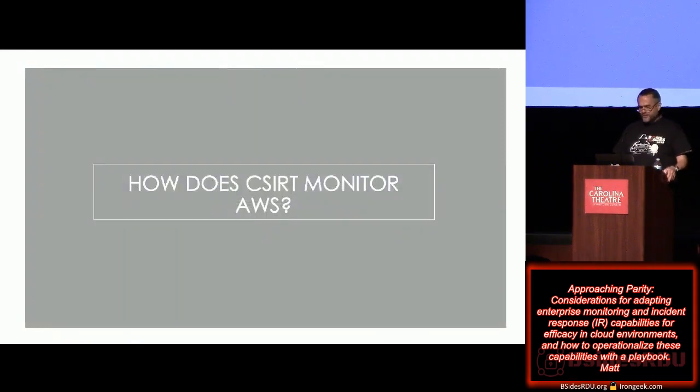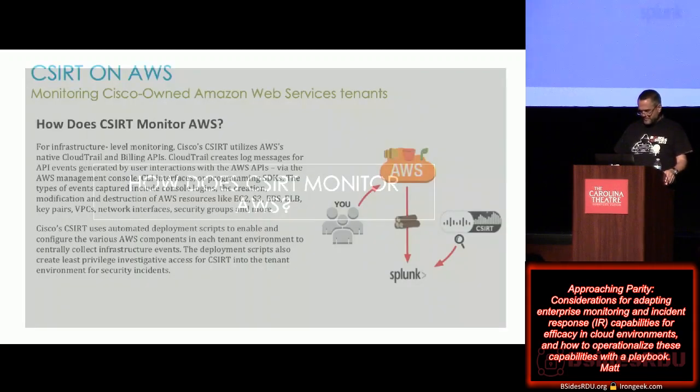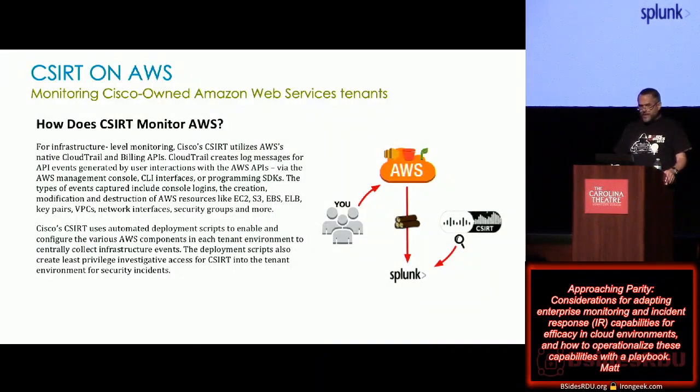So now let's switch gears, and I'll talk a little bit about how CSIRT monitors the AWS environment. This is a simplified picture and version of the story. Continuous Security Buddy is an internal tool set that we use to monitor our tenants.